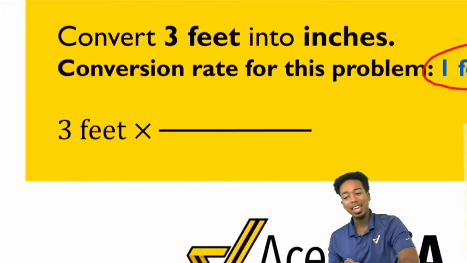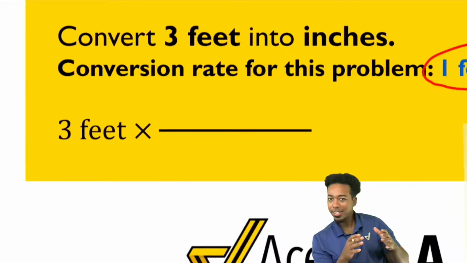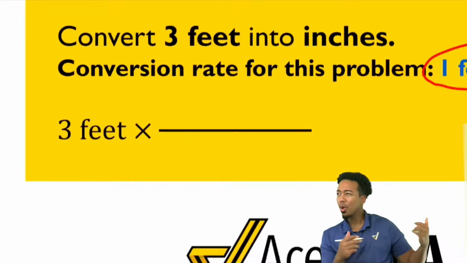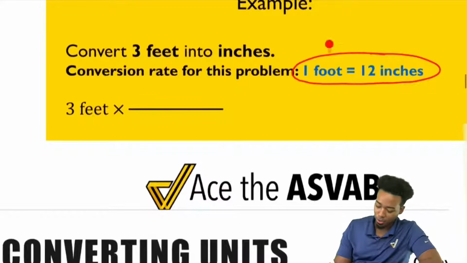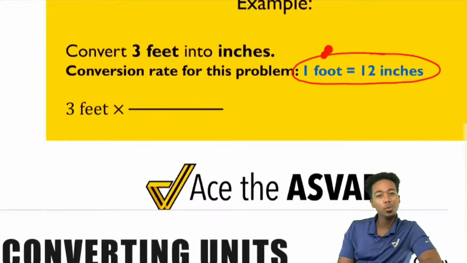So if I wanted to cancel the feet so I could leave the inches, where would I want to put the 1 foot for that conversion rate? Where would I want to put that, on top or the bottom, to make sure that it cancels out? Right, I would want to put it on the bottom if I'm trying to cancel it out, right?